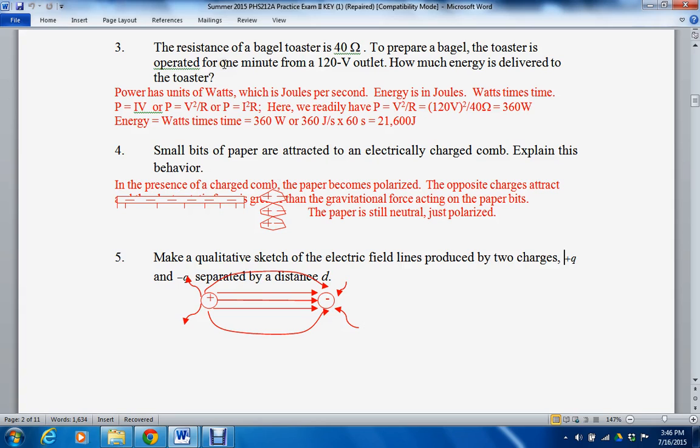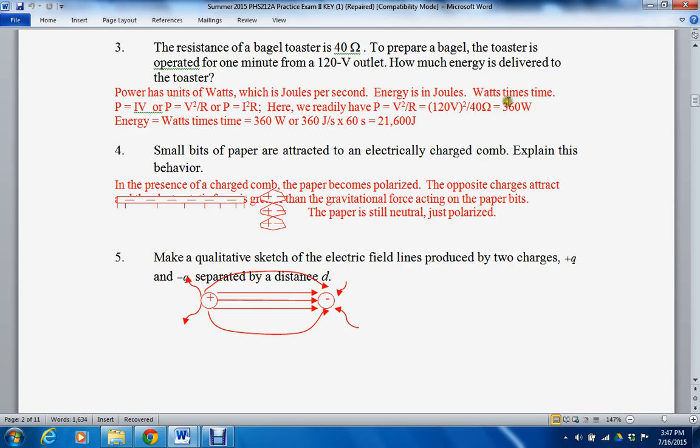Okay, so the resistance of a bagel toaster is 40 ohms. To prepare a bagel, the toaster is operated for 1 minute from a 120 volt outlet. How much energy, in joules, is delivered to the toaster? Alright, so to get to energy in joules, power has units of watts, which is joules per second.